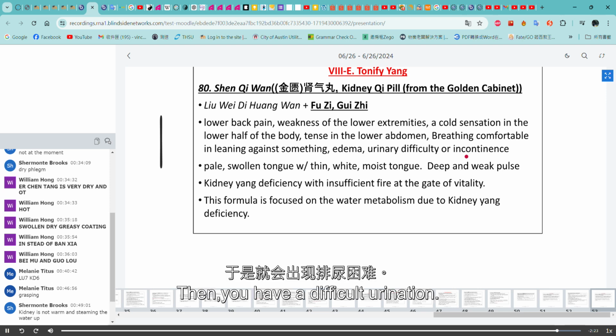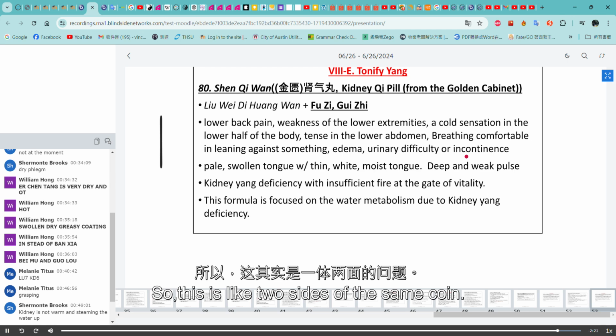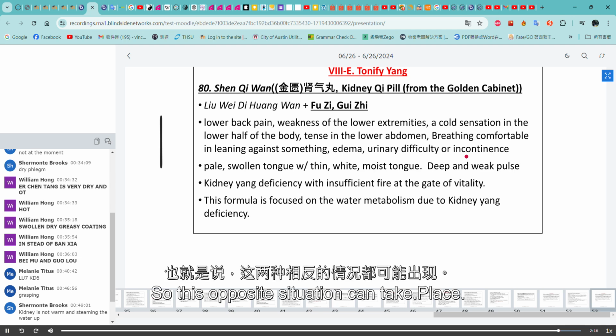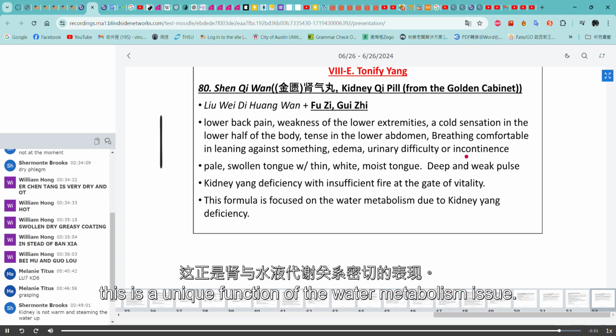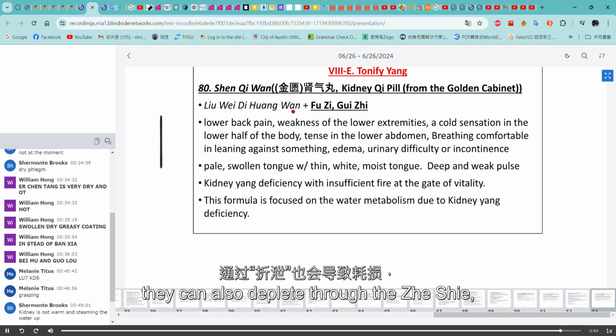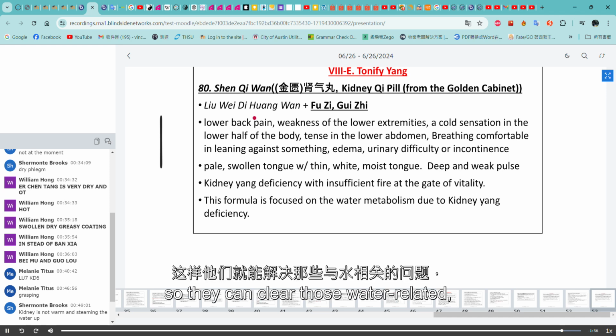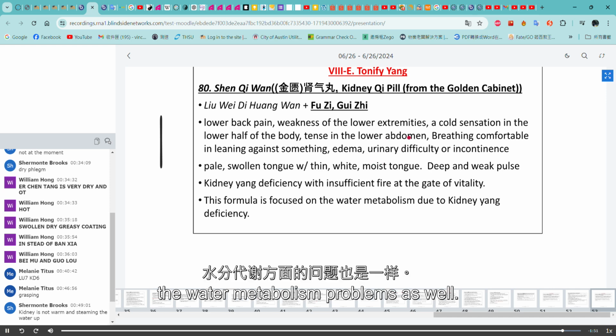Then you have difficult urination. So this is like two sides of the same coin. So this opposite situation can take place. So this is the unique function of Shen Qi Wan, the water metabolism issue. Okay, because they can also drain through the Zexie, Mudanpi, and the Fuling, so they can clear those water metabolism problems as well.